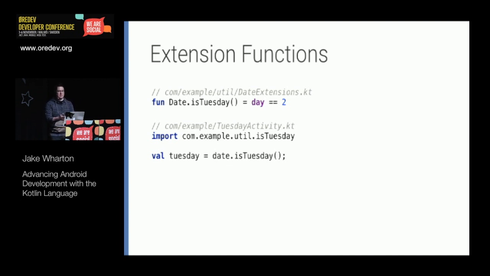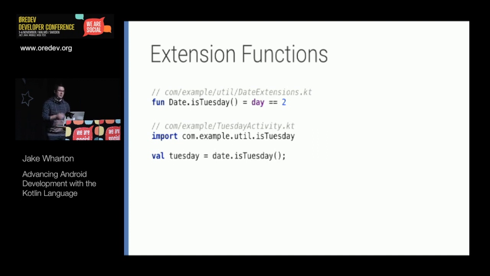Because if I look at this, I know there's no isTuesday method on date as a Java developer, but the explicitness of the import tells me that it's coming from this com example util package, whereas in C#, you have no idea where that extension method is coming from. It might be a library, it might be in your source. You have no way of knowing statically without actually going into the IDE and allowing it to figure it out.